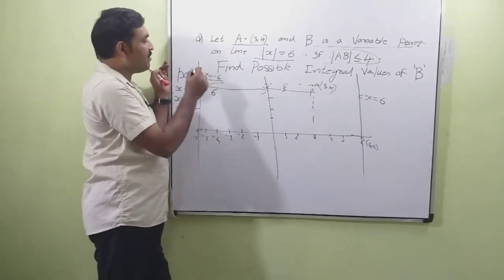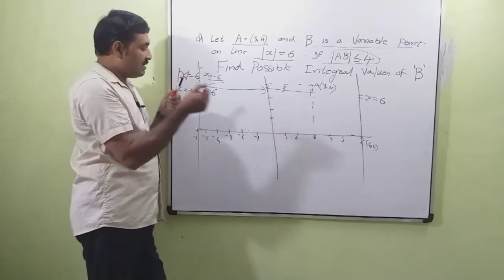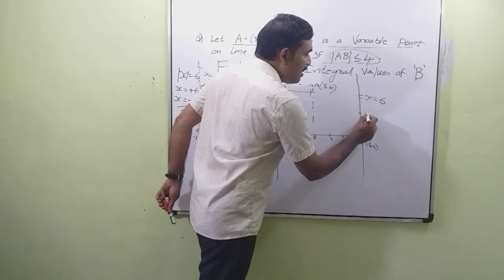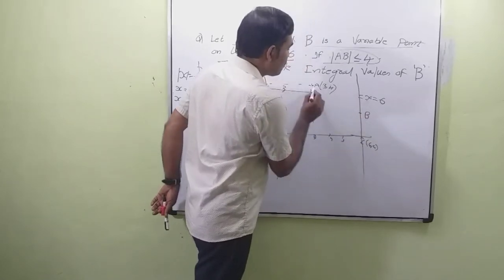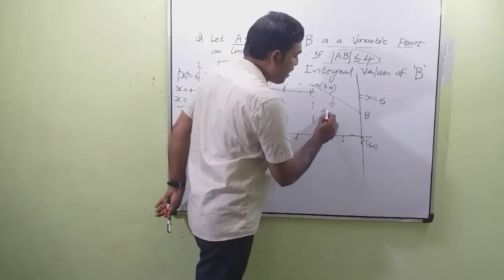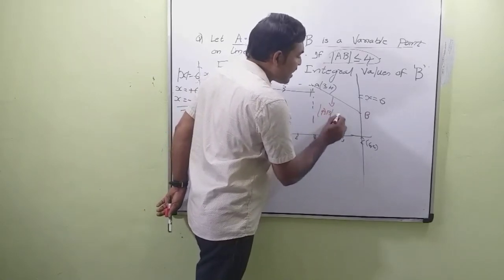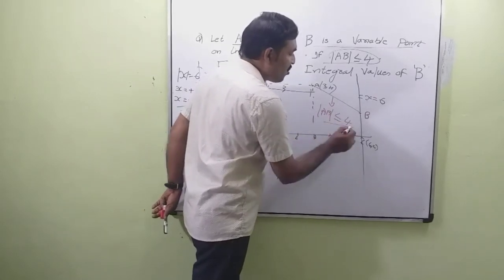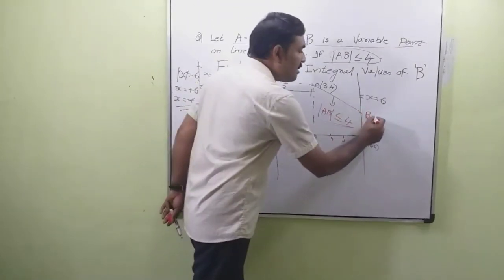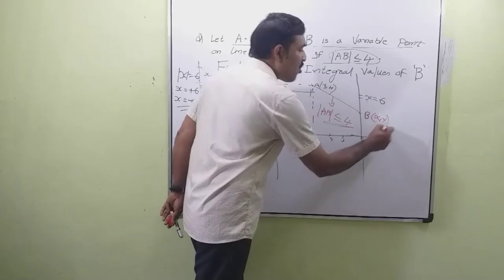So the point B will never lie on this line. So the point B will lie on this line. Let this be point B. So the condition is that the length of this line, that is AB, is less than or equal to 4. Okay, right. Now let this point B be represented by (x, y).